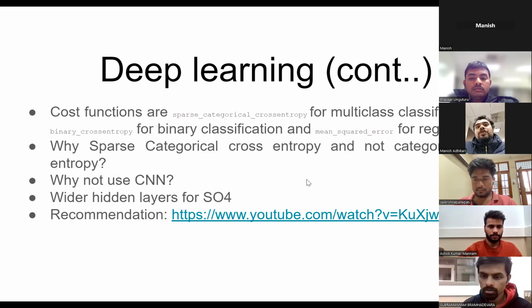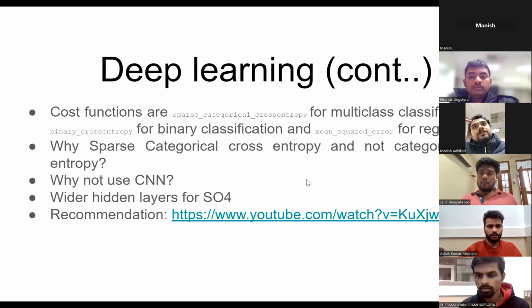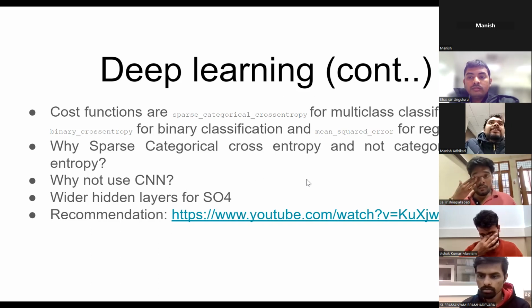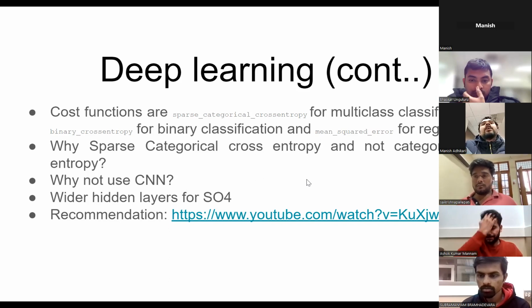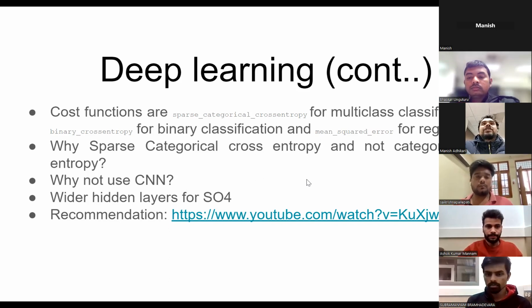Why is it called sparse categorical cross entropy, not categorical cross entropy? What is the difference? Categorical cross entropy is used for one-hot encoding, in which the same sample may belong to different classes.